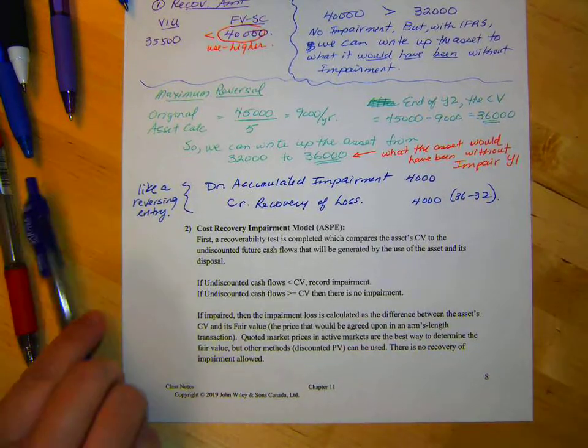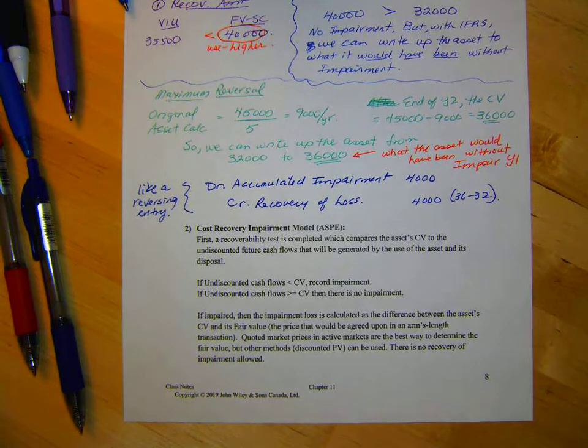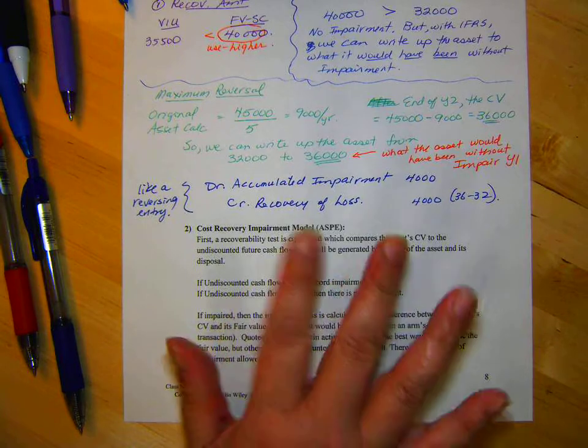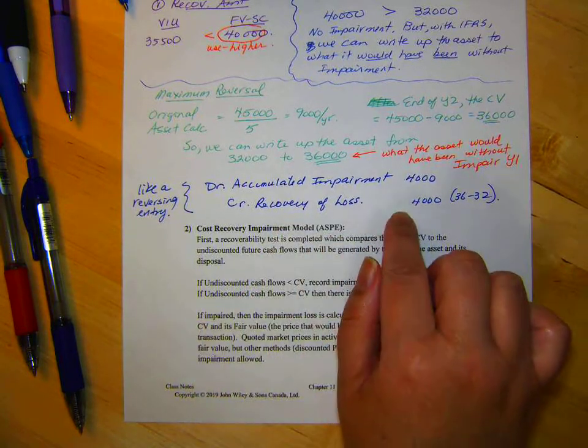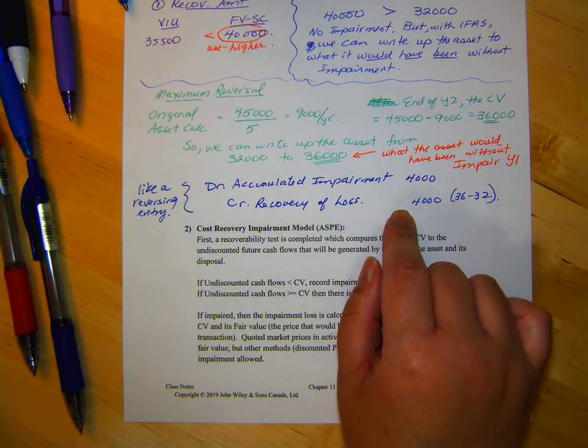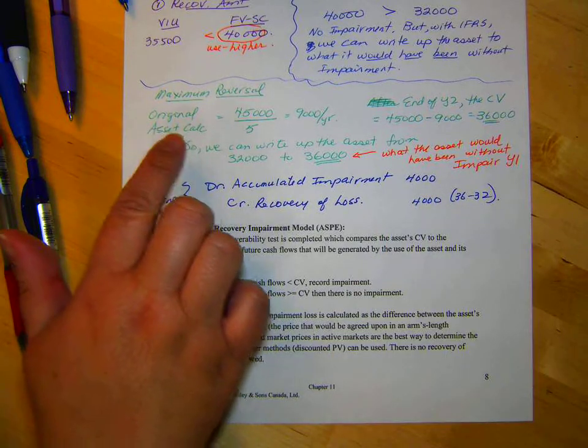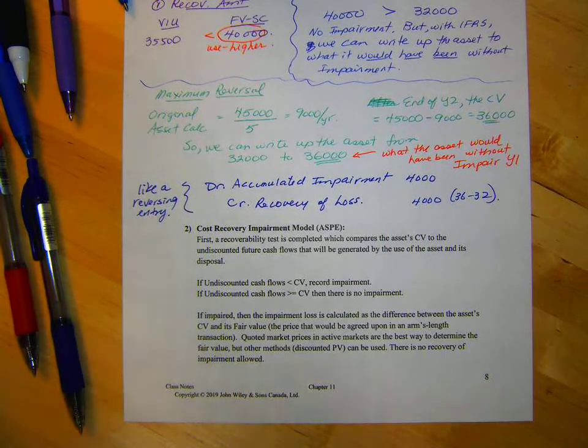Okay? So, IFRS, rational entity, getting it mixed up with consolidations. Yeah, I'm going to call it the rational model. The rational model: if you record impairment and then the next year the recoverable value goes up higher than your carrying value, you can write up your asset, like kind of put it back.